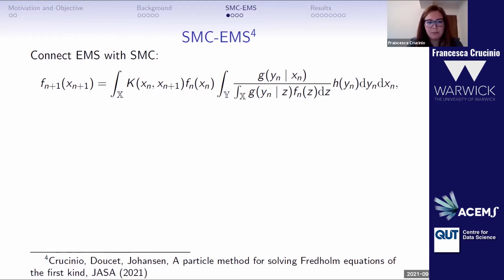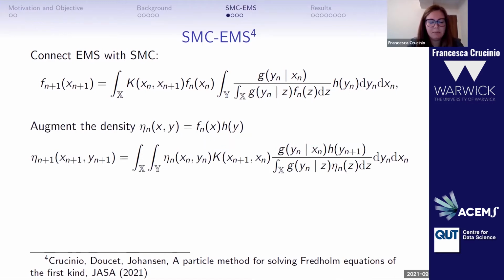The first step, which mostly comes in because we need to make our life a bit easier and get rid of some integrals, is to, instead of considering f itself, consider an augmented density, which is given by the product of f_n and h. And this presence of h over here is not really a problem, because in our assumptions, h is known somehow. Even if we only have samples from it, that would be enough. So if we define eta in this way, we can now write an equivalent iterative scheme for this eta, which looks a bit like this.